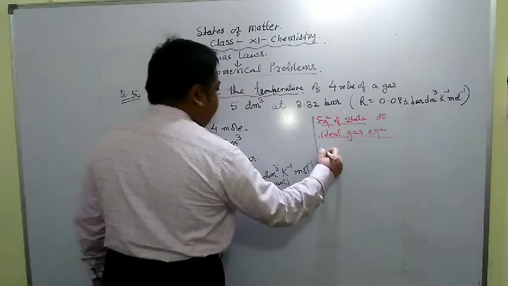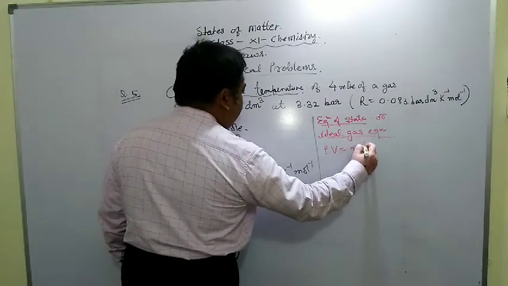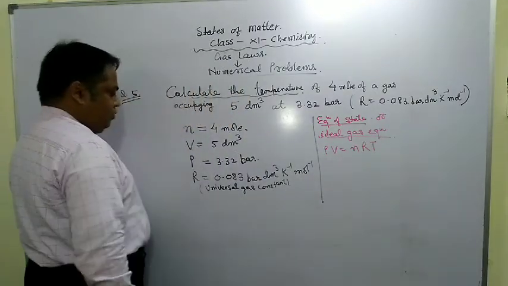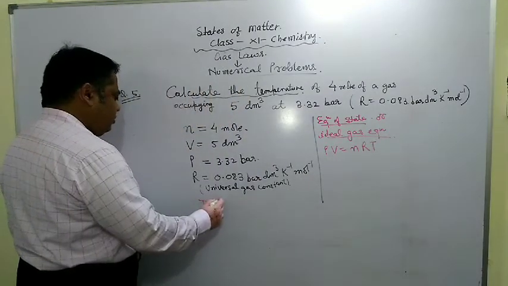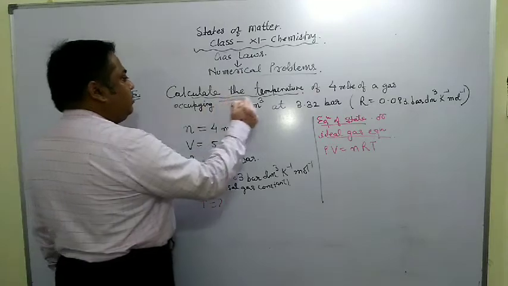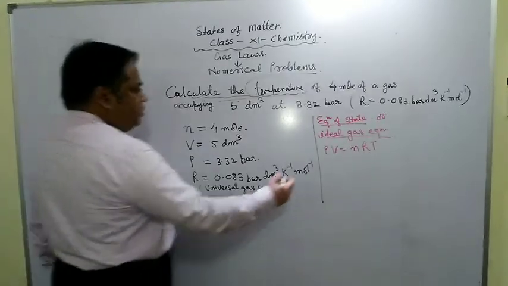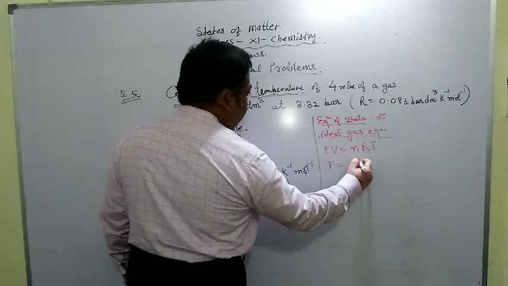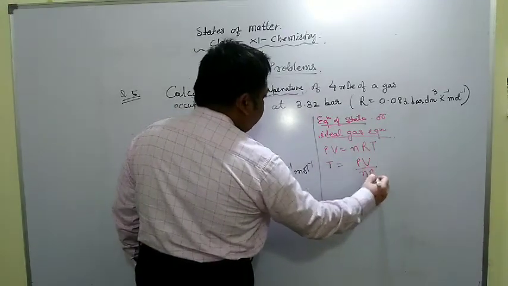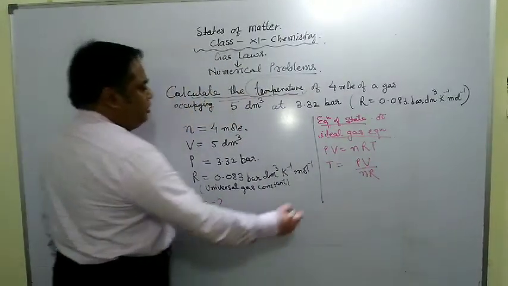So we can write PV = nRT. The value of T we have to find out as per the question. So temperature will be equal to PV by nR. So we put the values and get the answer.